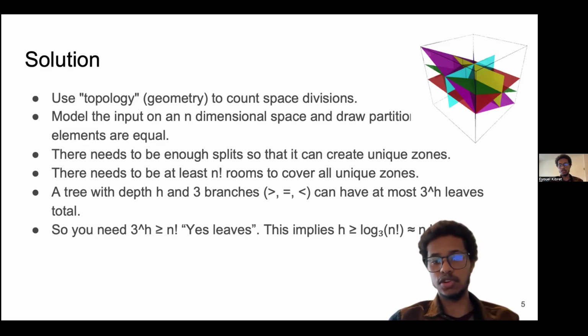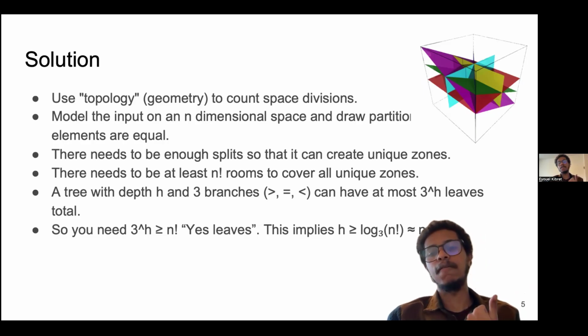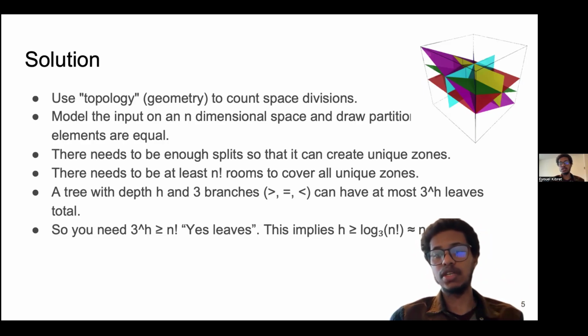Based on the output of the three questions, we're going to have a decision tree. They say that we need to have at least 3 to the power of h leaf nodes, yes leaves to be accurate. And so this implies that the height of the tree is going to be n log n. So the lower bound for the algebraic decision tree is going to be n log n.